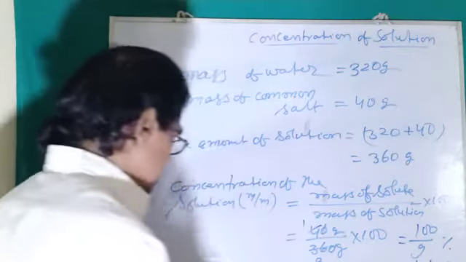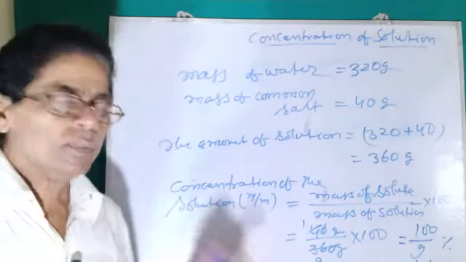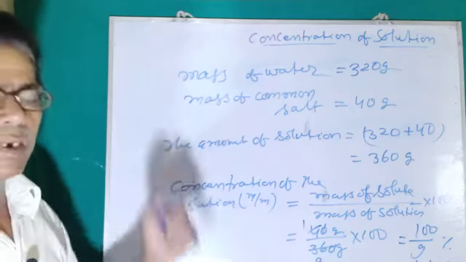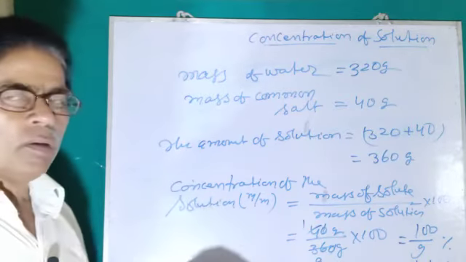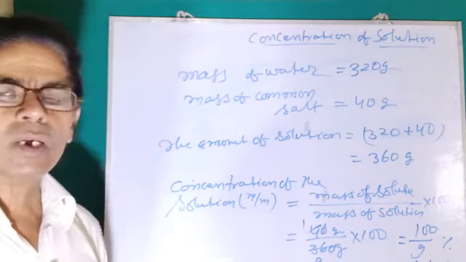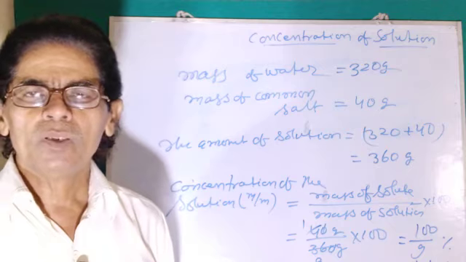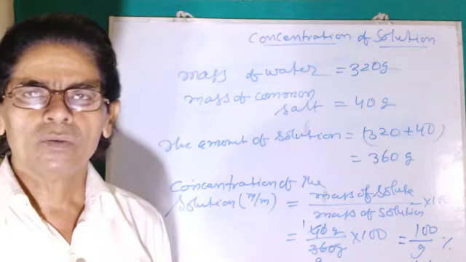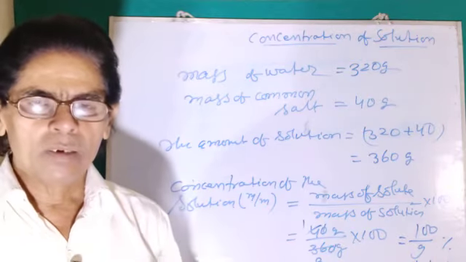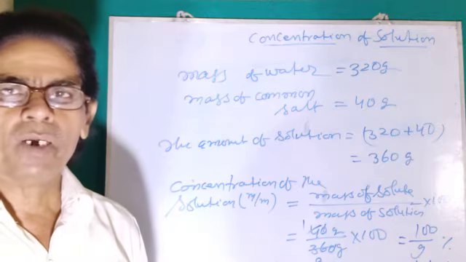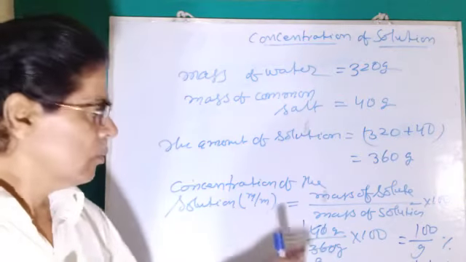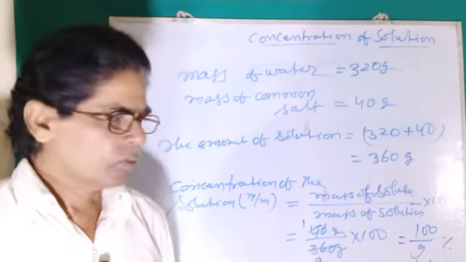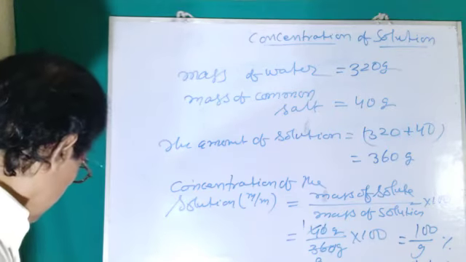This is how we can calculate the percentage concentration mass by mass. In the same way, we will be able to find out the concentration of a solution if the solute and solution or even the solvent are given. If the data is given, you may feed the data according to the relation, and you will be able to find the concentration of a solution. So this is all about the concentration of solution.